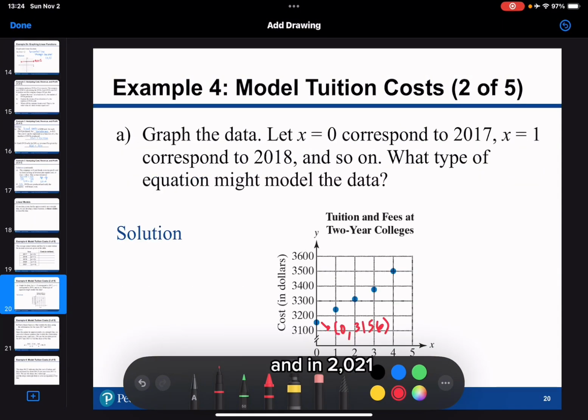And in 2021, that's when x equals 4. My y value was 3,501.